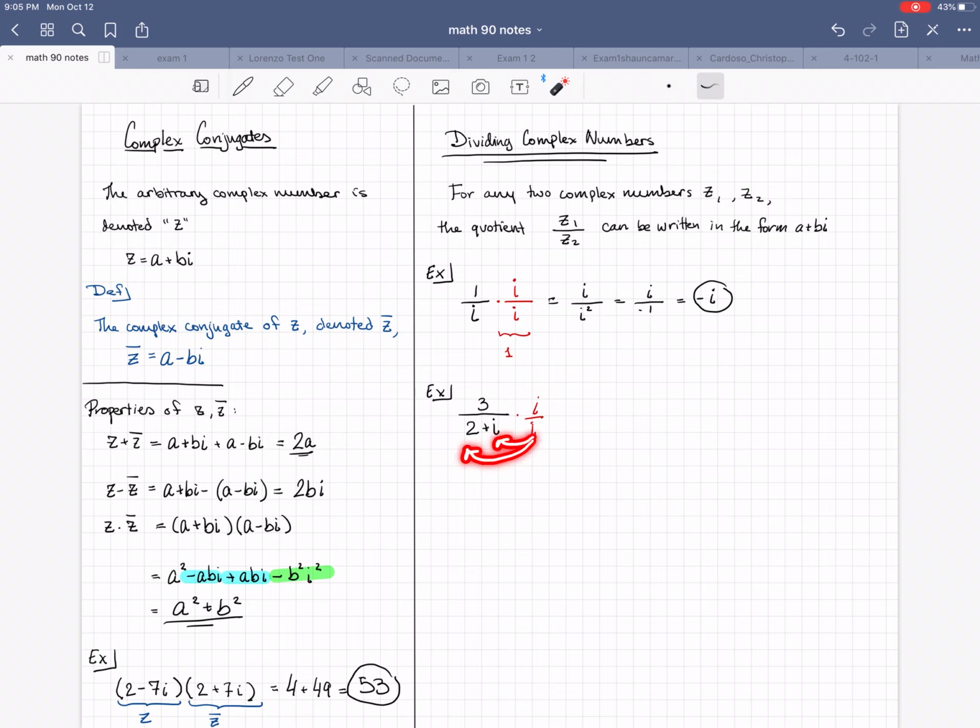And yeah, i times i is i squared, that's nice, but i times 2 is 2i. So I'm still going to be left with i's in the denominator. So multiplying top and bottom by i doesn't achieve what I want, namely, the removal of i's from the denominator.